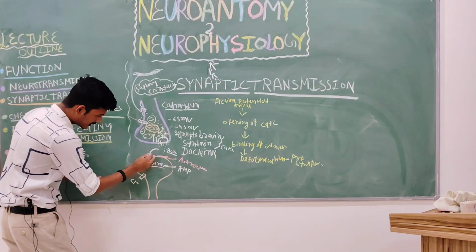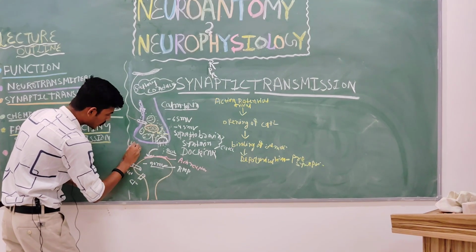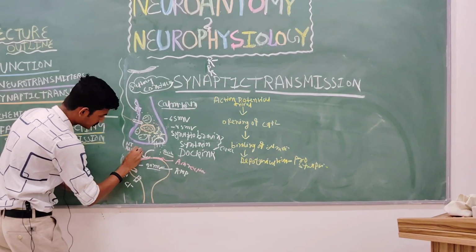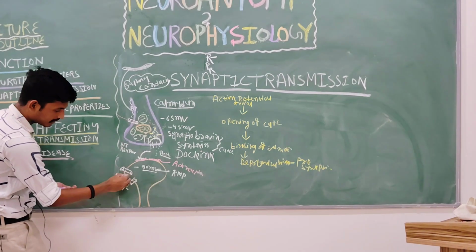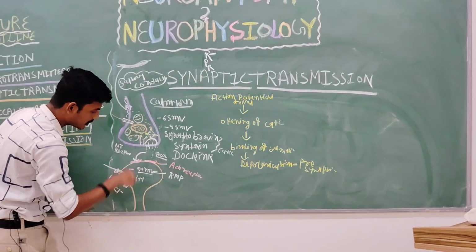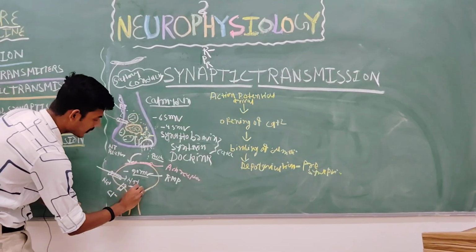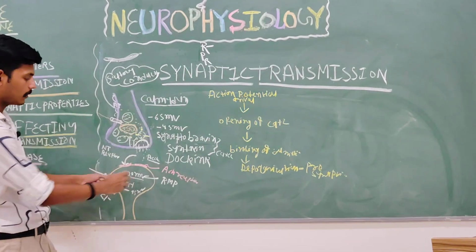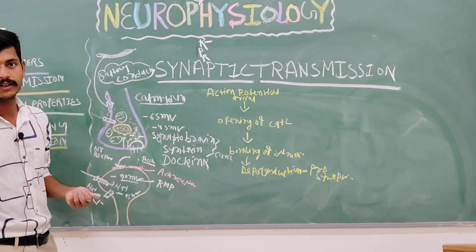Because there is a formation of the neurotransmitter receptor complex, and it will further stimulate the sodium channel, and there will be an influx of sodium. You know sodium is positively charged, so it creates a minus 40 millivolt current. Now it becomes excited. The action potential message traverses again.